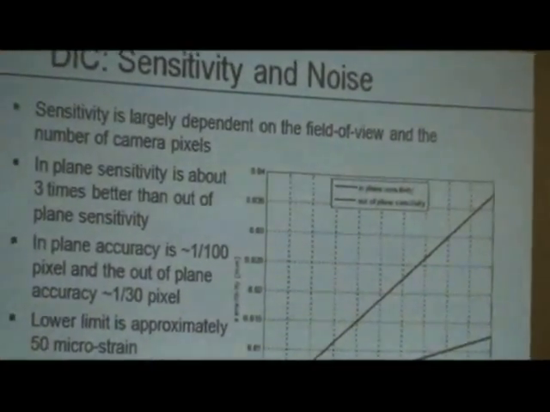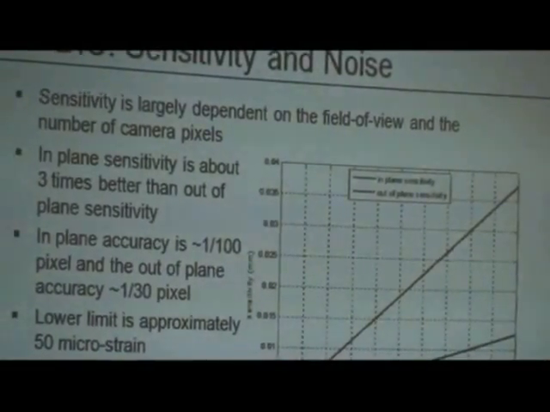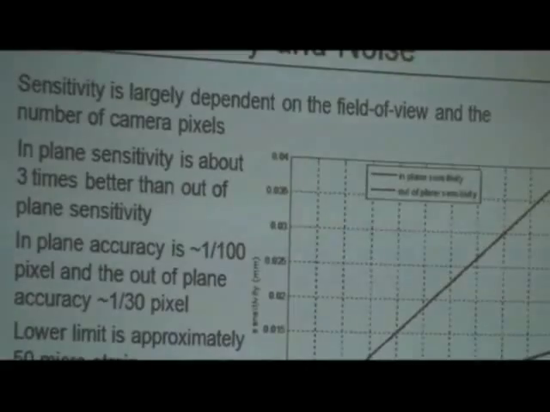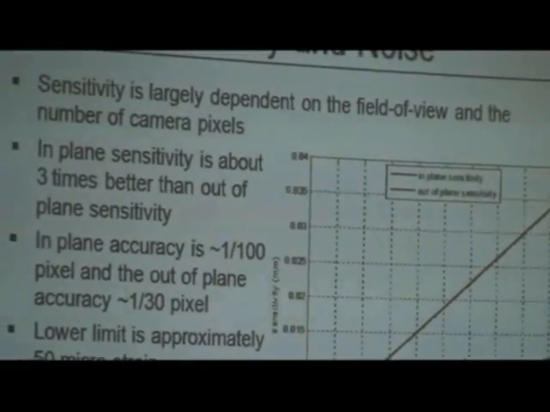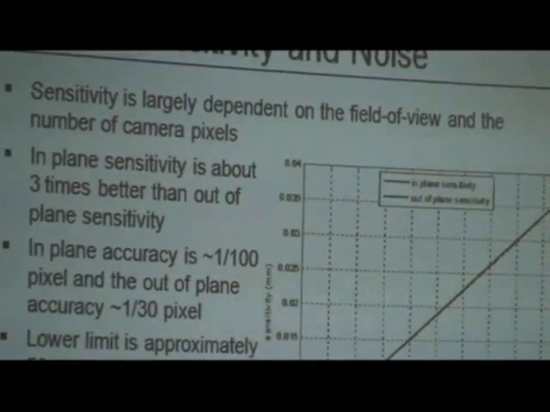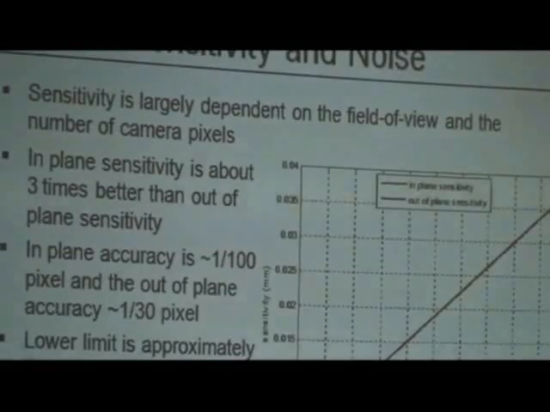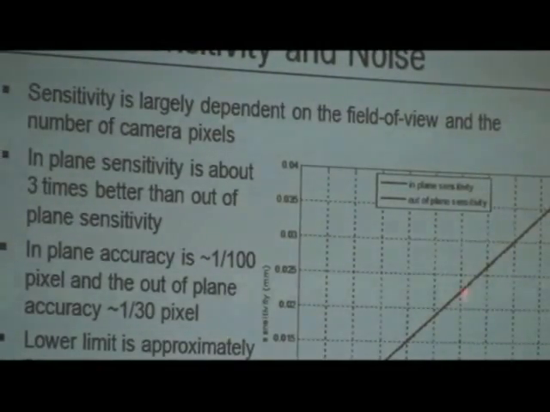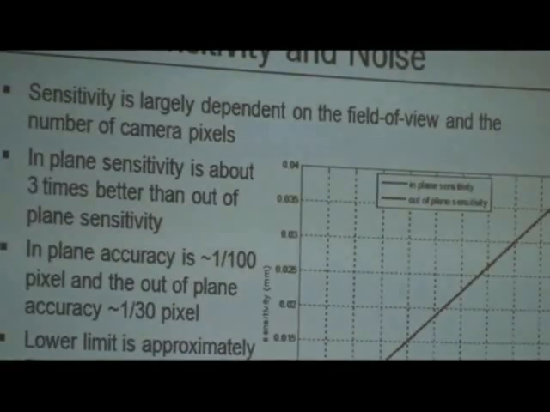The primary thing that controls sensitivity of this technique is the field of view. This axis represents a field of view. If the field of view is 1.3 meters, let's say it's about like that big, then our out-of-plane resolution is about 25 microns, which is about 1/1000th of an inch, or 1 mil. In plane, it's about 3 times better than that.